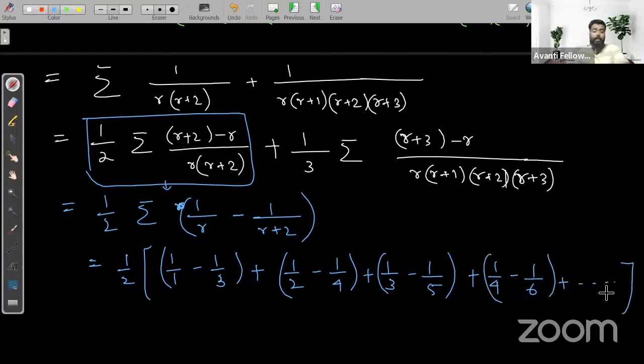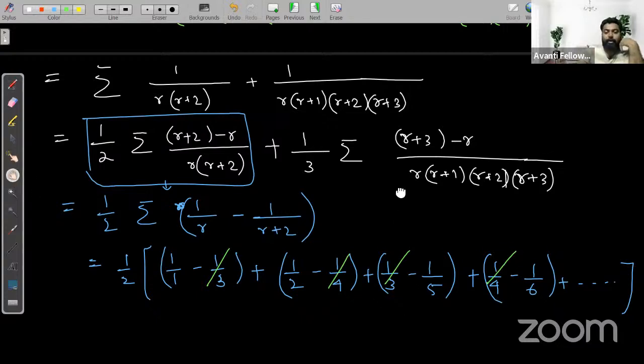You can see here, what are the terms you can cancel? So 1 by 3, 1 by 3, and here 1 by 4, 1 by 4 cancel out. So the second term is always cancelled out, right?